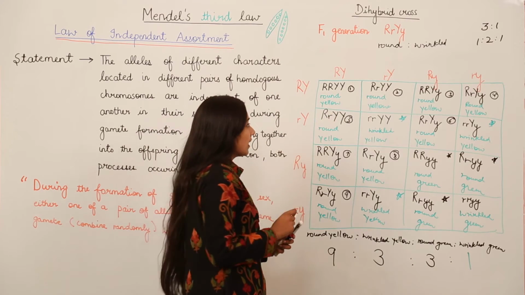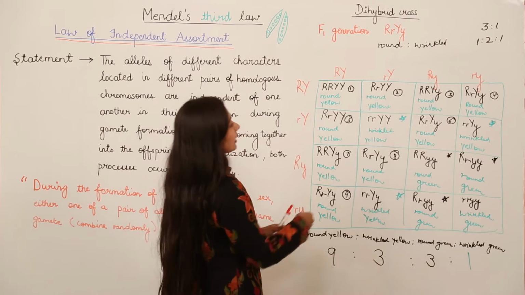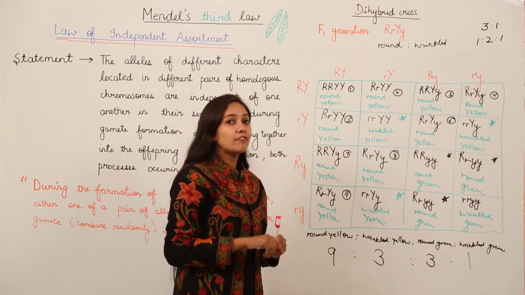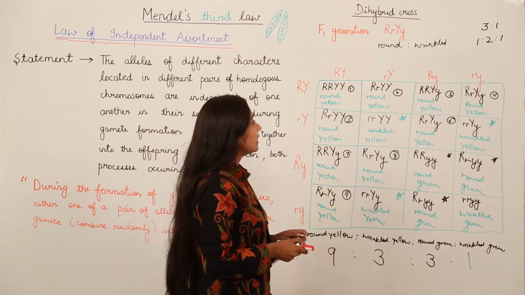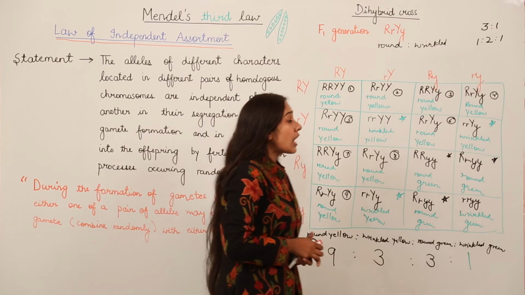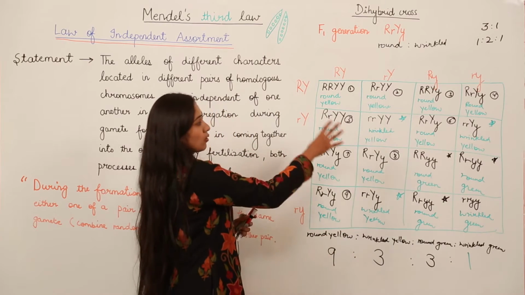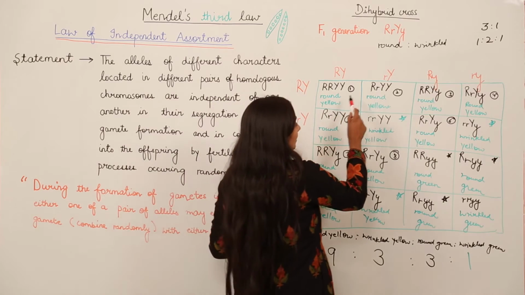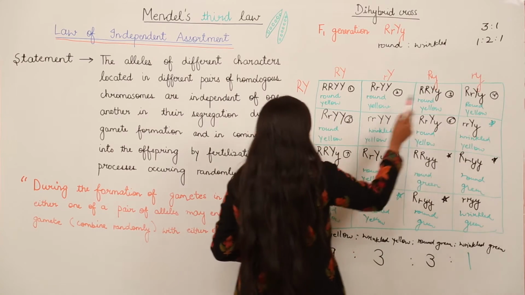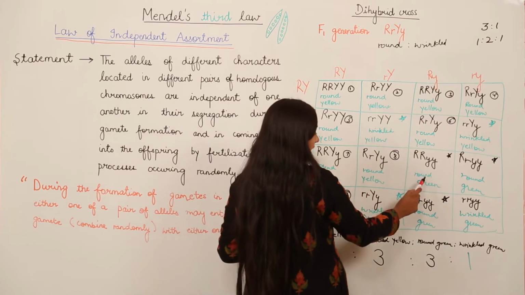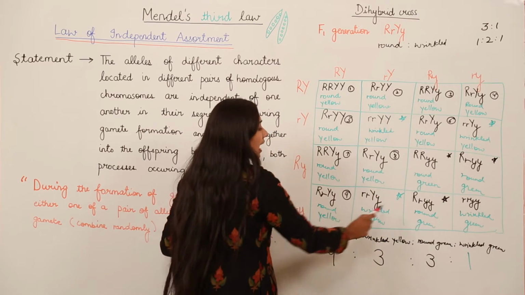Let us see how. If I am going to separate the characteristics, now I am asking you that we are going to discuss only the seed shape, whether it is round or wrinkled. How many seed shapes are going to be round? Let us count it. Round: 1, 2, 3, 4, 5, 6, 7, 8, 9, 10, 11 and 12.